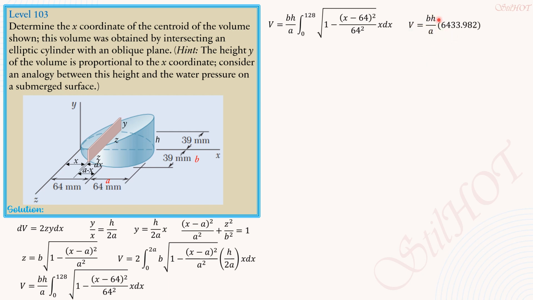So volume equals bh over a times that value. Anyway, bh over a is constant. h is constant, and b and a are given constants also. So let's just express the volume in that manner.